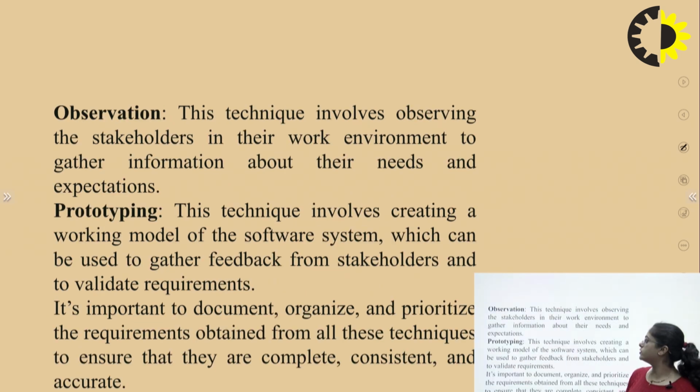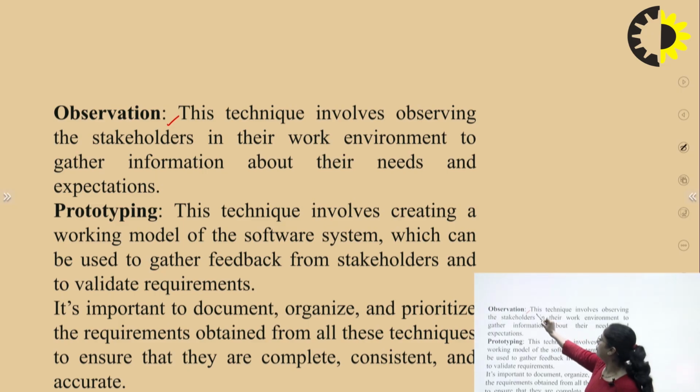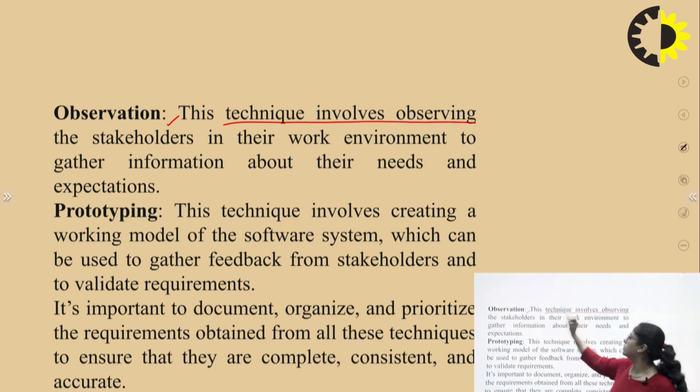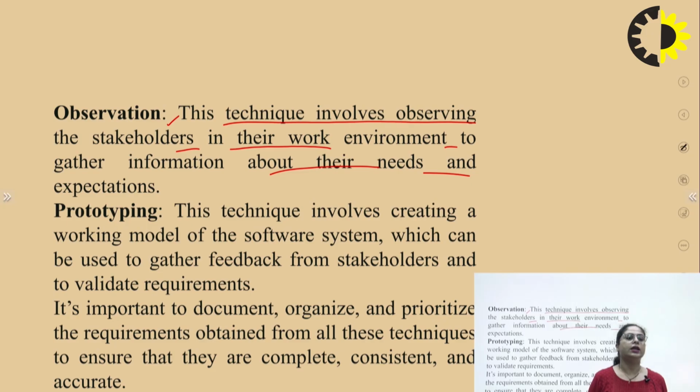After that, observation. With the help of observation, this technique involves observing the stakeholders in their work environment to gather information about their needs and expectations. Prototyping. This technique involves creating a working model of the software system.